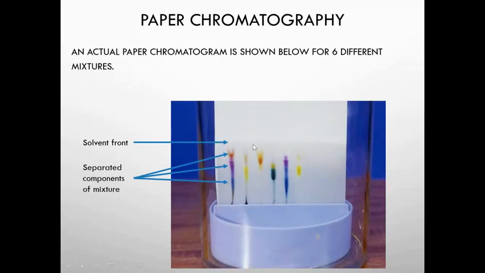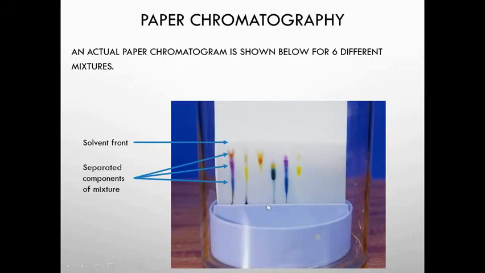So here is what's called the solvent front, which is how far the solvent went up the paper. And then here are the different dots of the ink that were put on the paper. And as the mobile phase went up, it drew out the different components of the ink. So the ink in this one had 3 different colors. It had a red color, a purple color, a blue color that were mixed together to make the color of ink that that particular dot had in it.